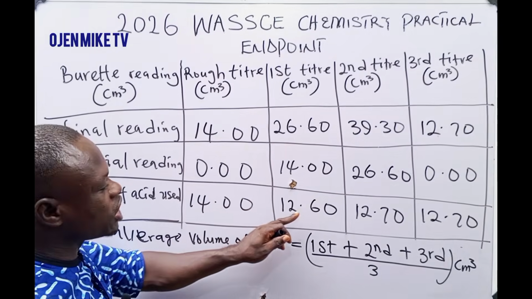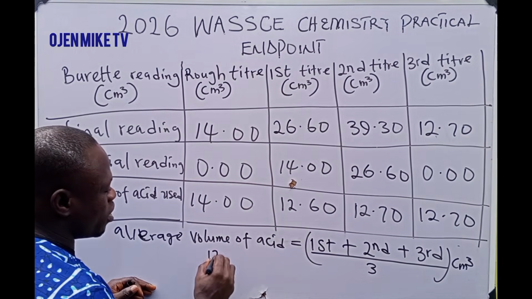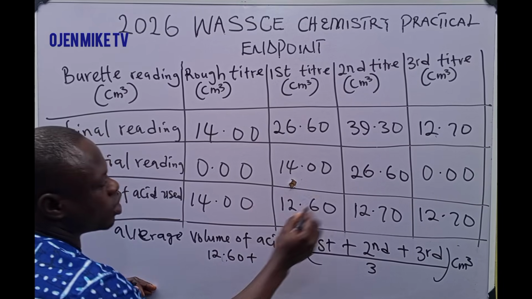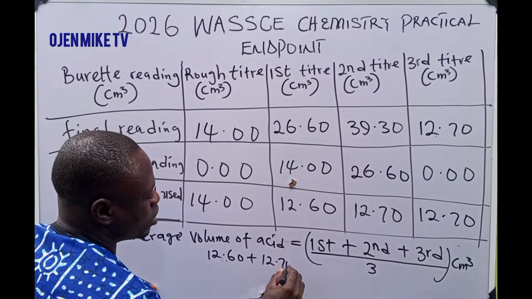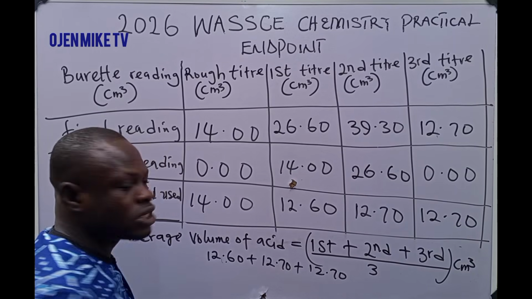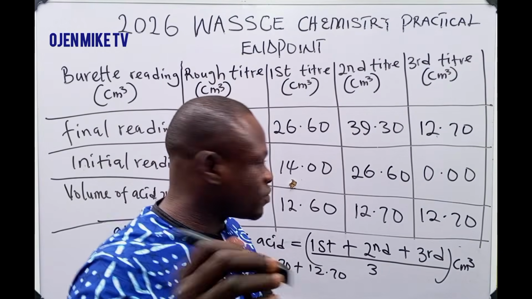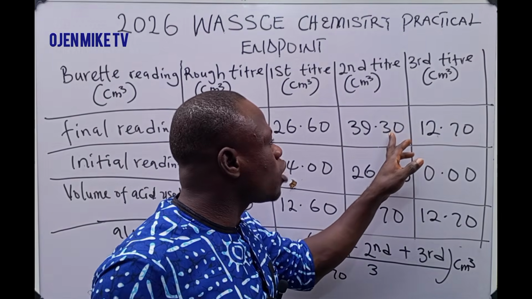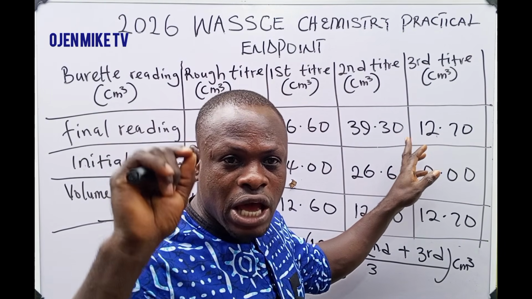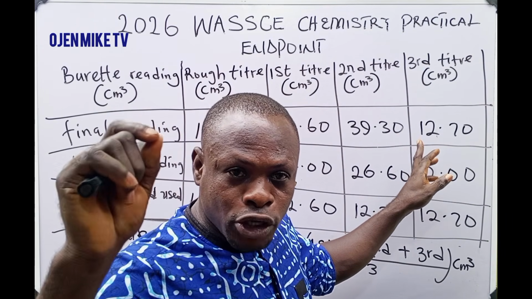Look at the average volume. This one down here. So you take the first one: 12.60 plus 12.70 plus 12.70. Please, when you are preparing this kind of table, you can see that it should not be like 3.1, 3.2, because the burette reading does not have that measurement.